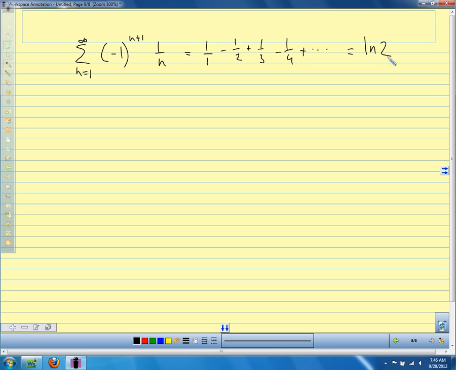I'm going to rearrange the terms. So I'm going to rearrange them: 1 minus 1/2 minus 1/4 plus 1/3 minus 1/6 minus 1/8 plus 1/5 minus 1/10 minus 1/12 plus 1/7 minus 1/14.